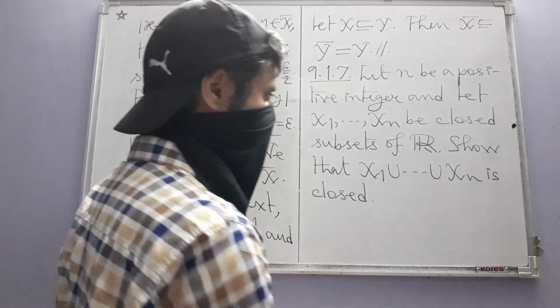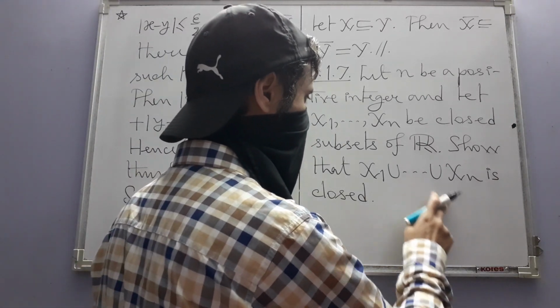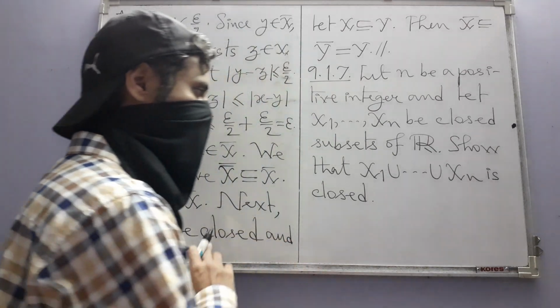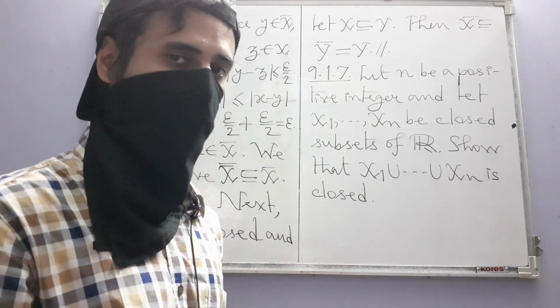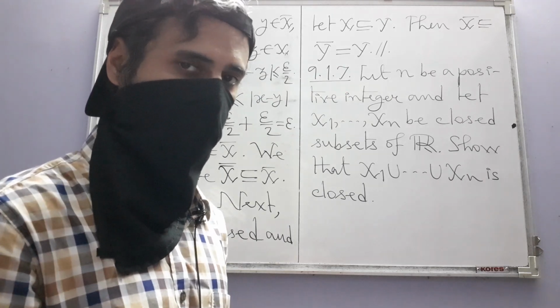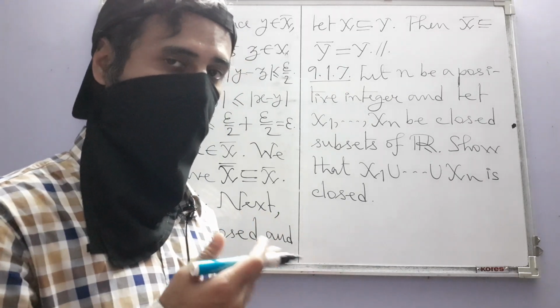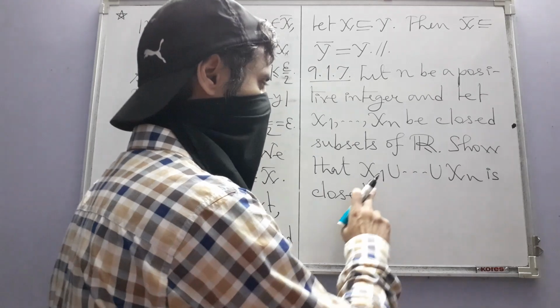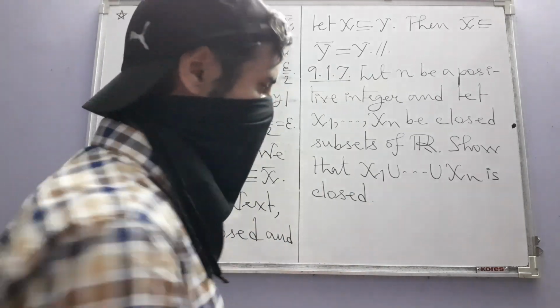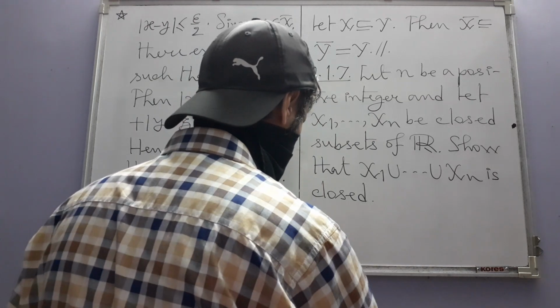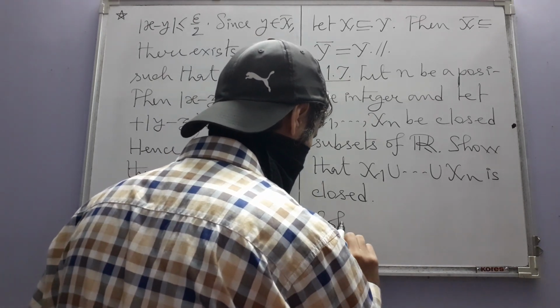Or in other words, if you consider the collection of all closed subsets of R, then that collection is itself closed, in the algebra sense of closed, under the formation of finite unions. Its proof is very easy.